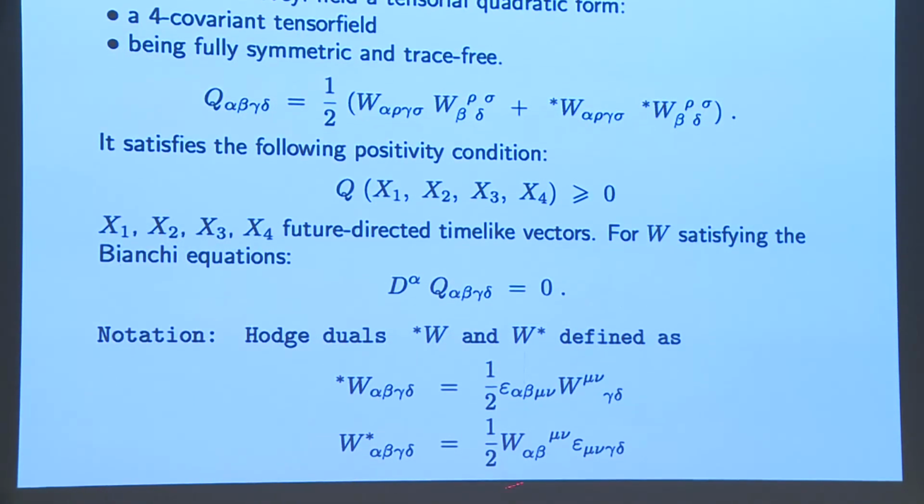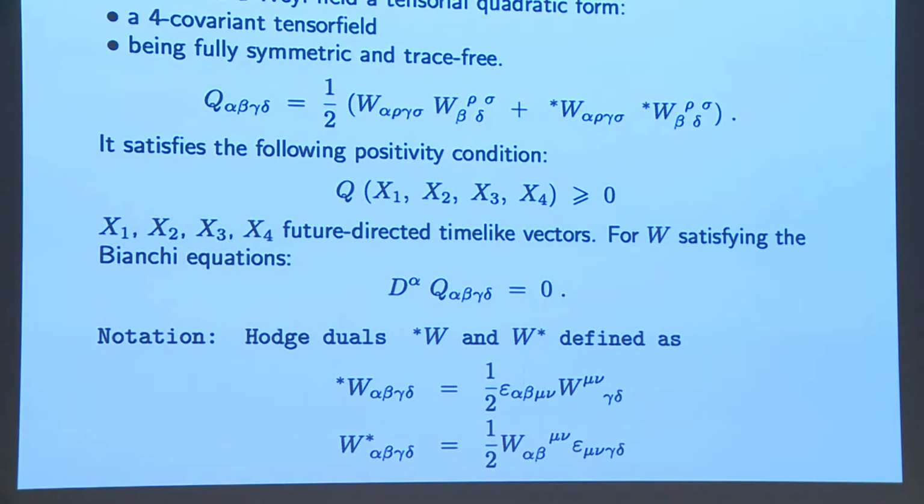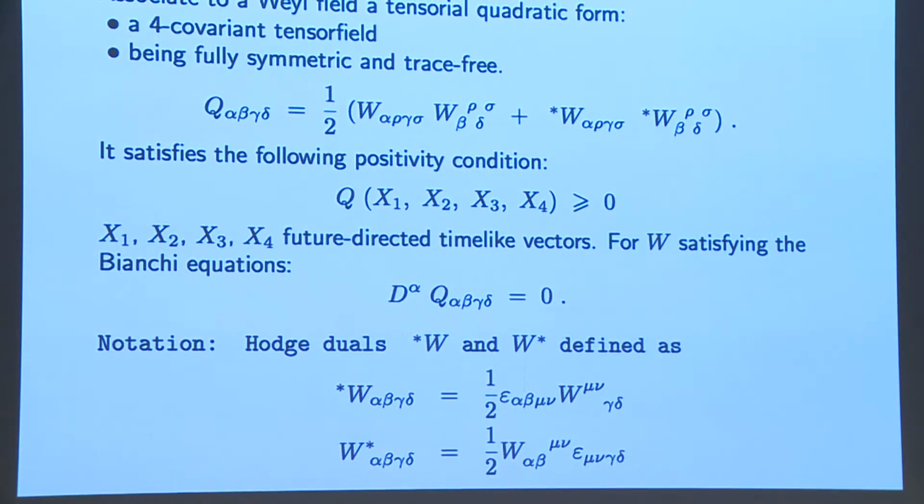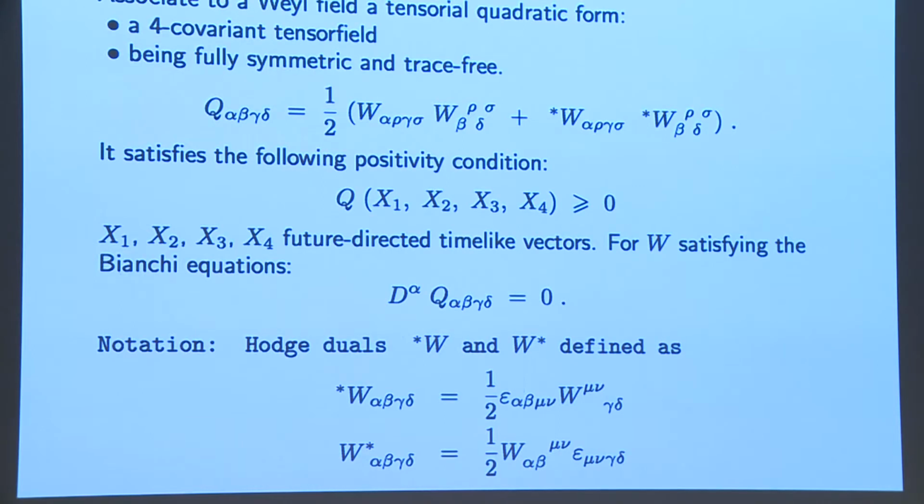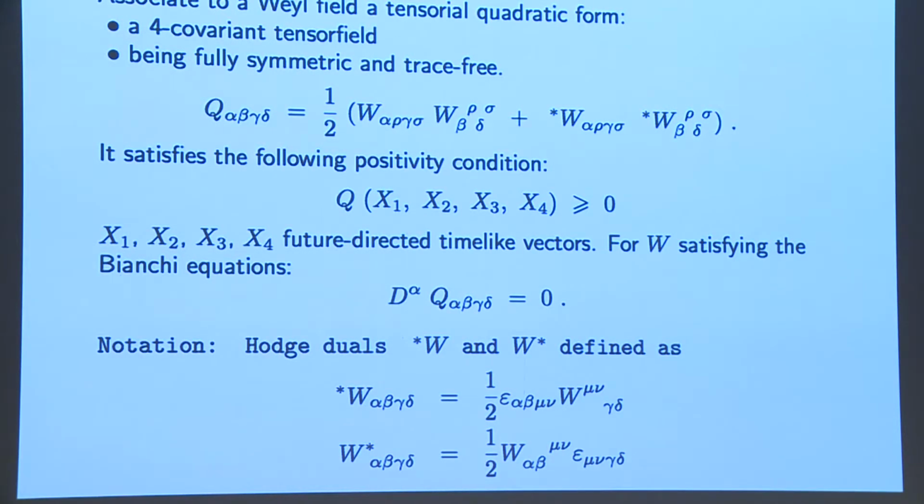So here's just a notation for what I use for the Hodge duals. Maybe let me point out that this was used heavily in the work by Christodoulou and Klainerman on the Minkowski stability. So this is really the main object to control the curvature there, and nowadays by many other people as well.